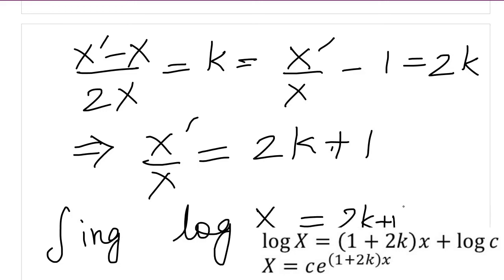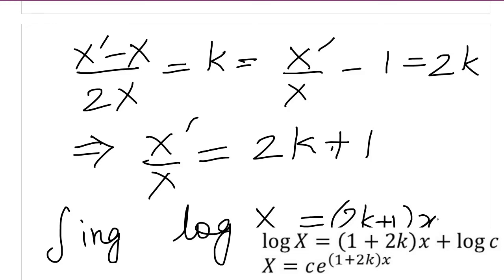Integrating the right hand side, the integral of a constant is the constant times x plus c. So instead of c, I'm going to use log c. Now I will just write it in terms of X. So X will be equal to c times e raised to (2k + 1) times x. That solution is written here. So you'll have X as c times e raised to (1 + 2k) times x.